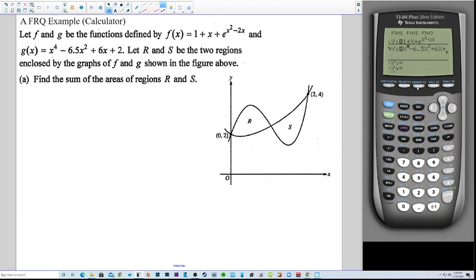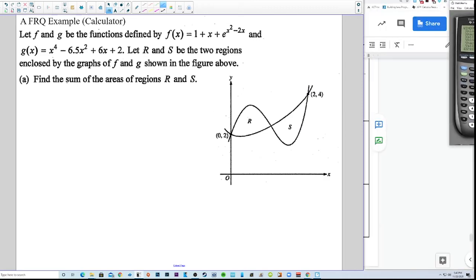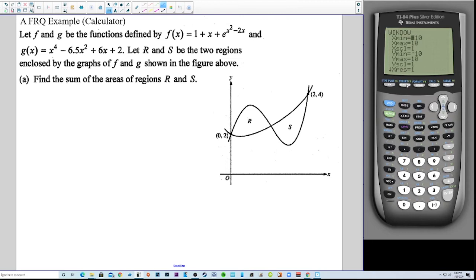Now we go window, 0 to 2, and then we can go by 1, 0 to 4, and graph like this.